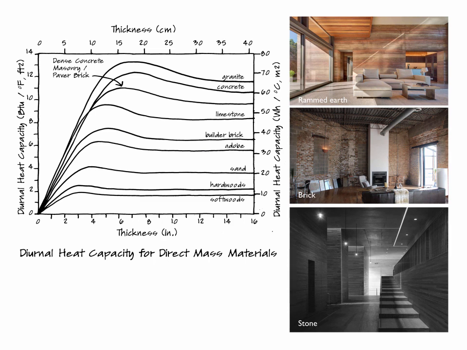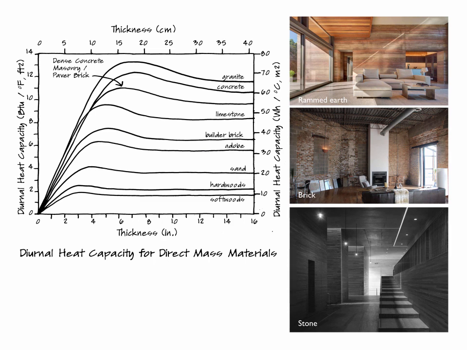So thickness in inches is across the bottom, and that diurnal heat capacity, just call that how much heat can be stored in that material on a 24-hour basis. We've got BTUs per degree Fahrenheit per square foot, right, as our units. And you can see that from 0 up to about 4 inches, almost all of those mass materials, including adobe, are pretty linear, right?